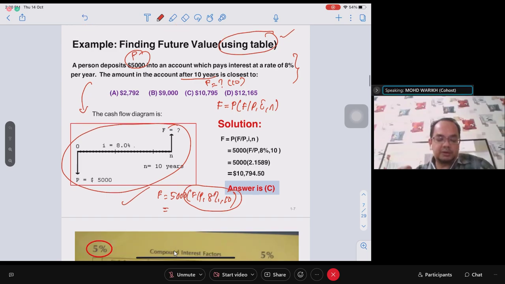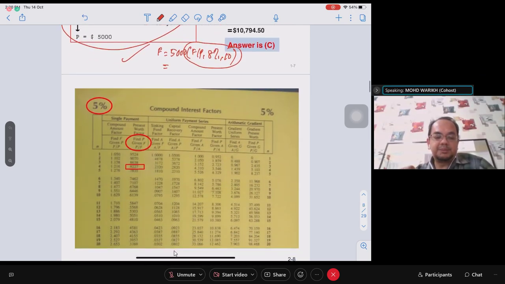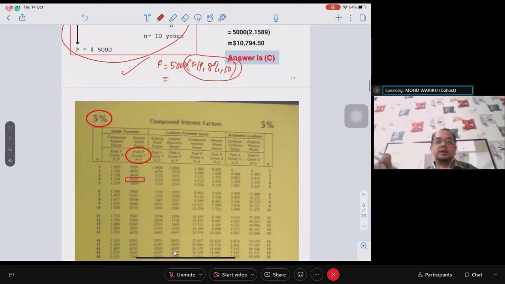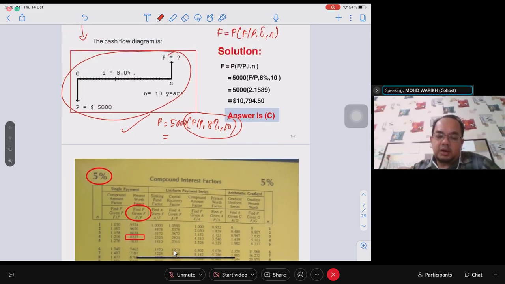Okay, so how to refer to the table? This is a different table. The first thing, when you refer to the table, please open the table to make it easy. The first thing you refer to is the interest, the i, because the tables are organized by i. You have to find i first.